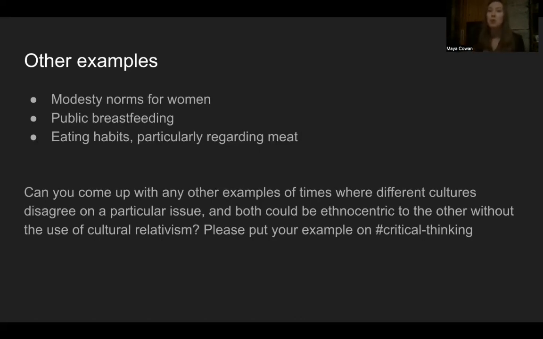They could be different subcultures or different countercultures. So can you think of a time where you know of different cultures disagreeing on a particular issue, and where both sides can be ethnocentric towards the other without necessarily thinking about it, unless they're coming at it from a framework of cultural relativism? Please put your example on #critical_thinking in the Discord channel.